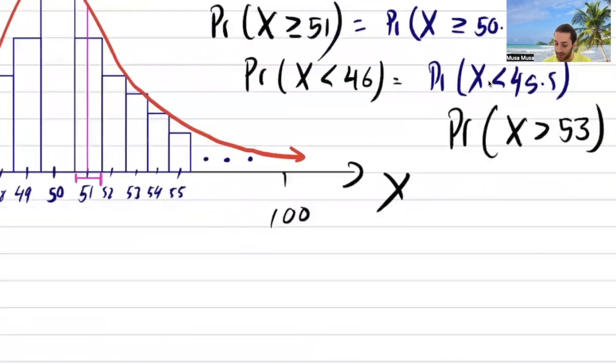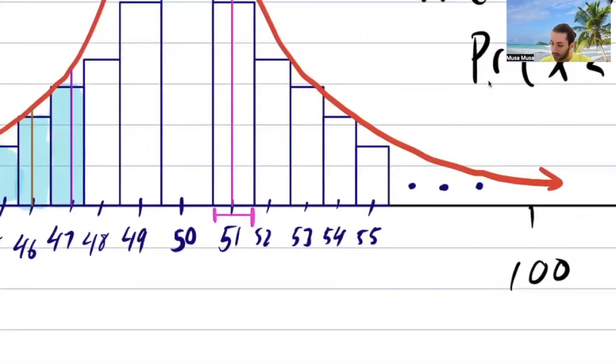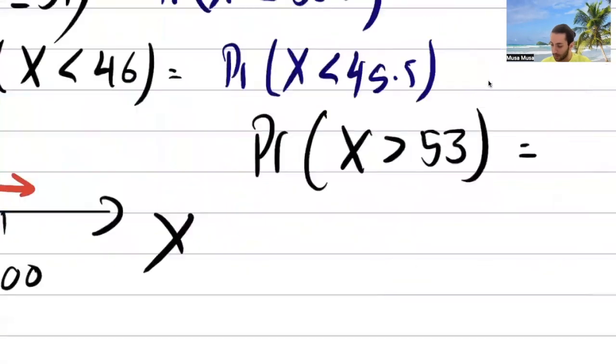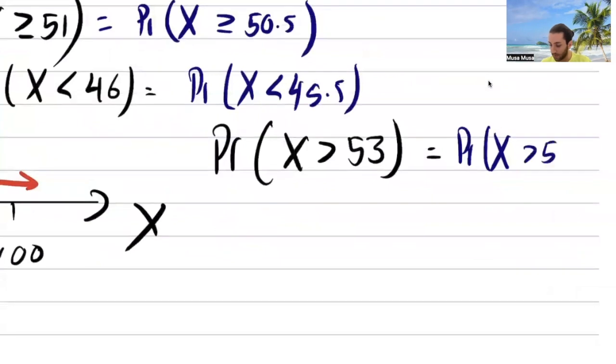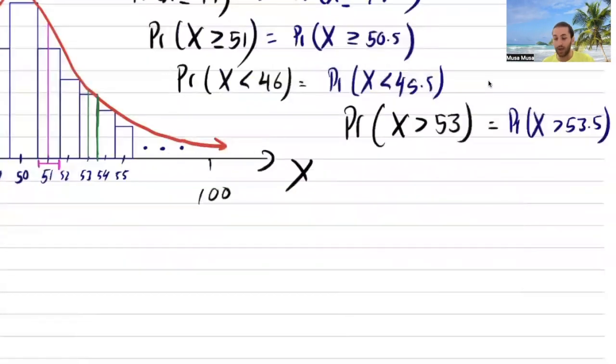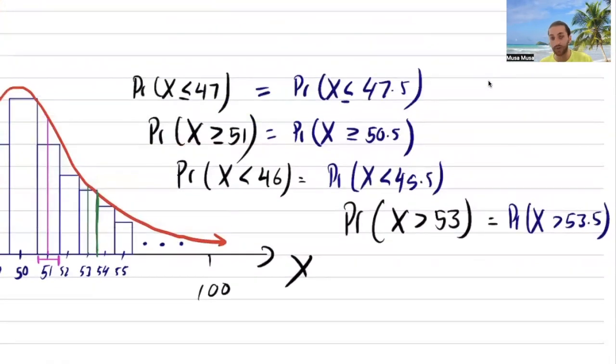If x is greater than 53, I hope you can tell that we should be adding a half and saying 53.5 so we can get to there. Nice. And then when you go to actually approximate it using the normal distribution and you find your z-scores, you would use this score, this score, this score, and whoopsie, this score.